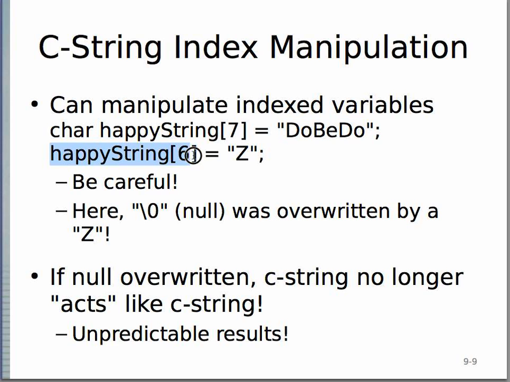And if so, you can do stuff like this, right? You can say that the 6th location, which by default will have the null termination character, we're going to override with, and these should be single quotes, this won't work with double quotes, a Z character. But once you do that, the null termination character will be overwritten, and you can get all kinds of problems.